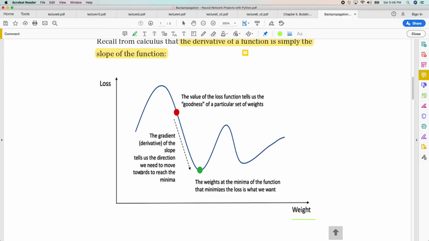We want where the loss is minima. As you can see here, this is where the loss is minima. Here is where the loss is maxima. So the value of the loss function tells us how good our set of weights is. The value here is the best, so the weight that corresponds here is the best set of weights.